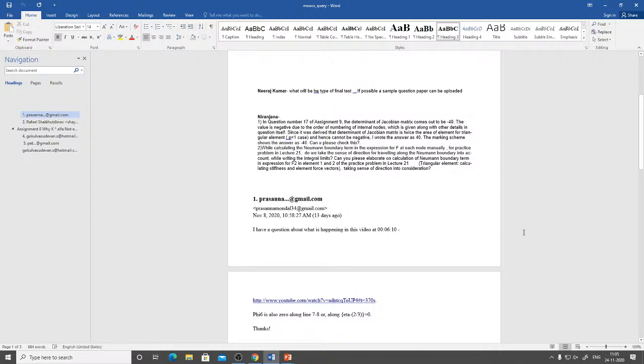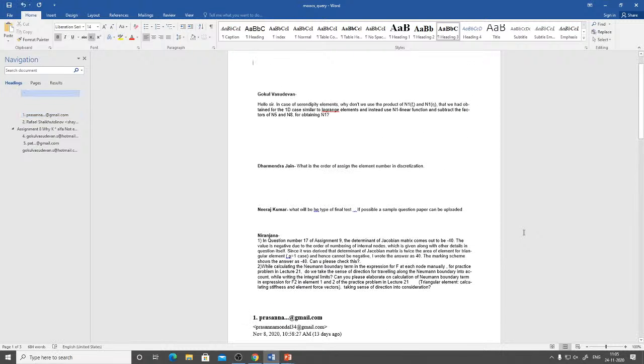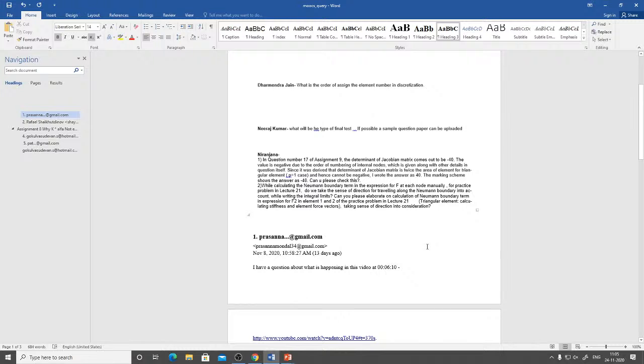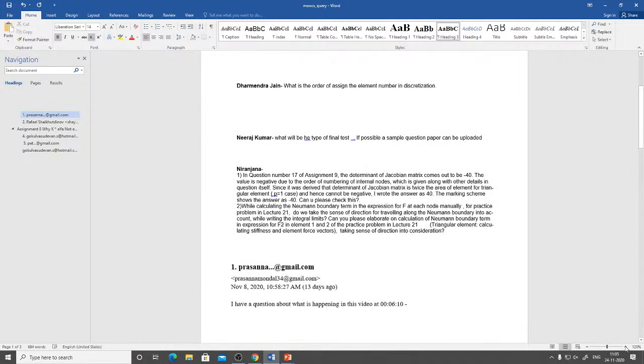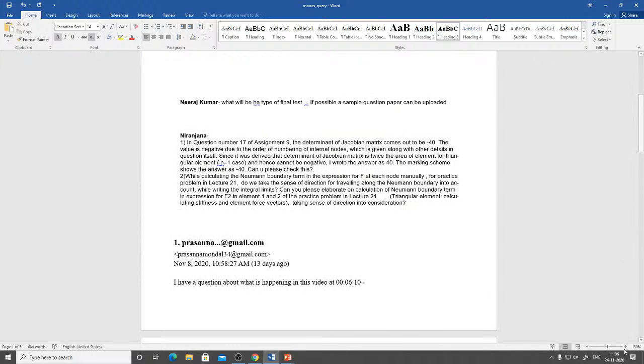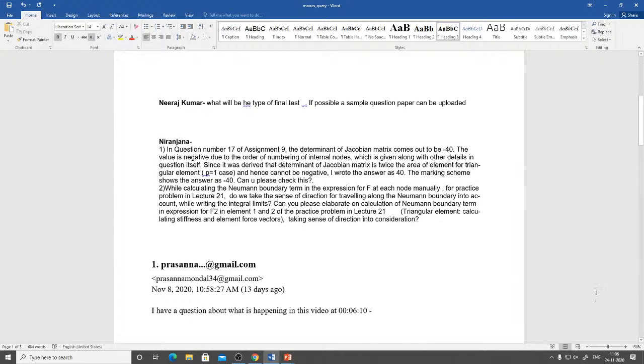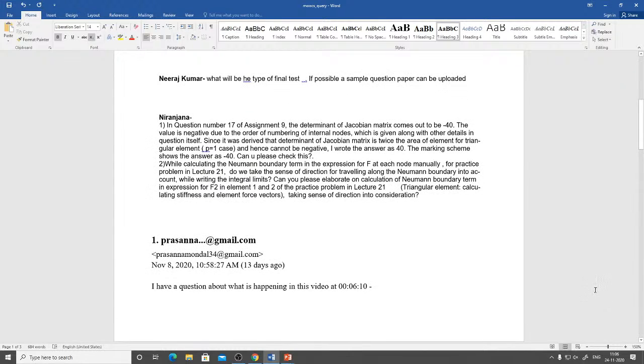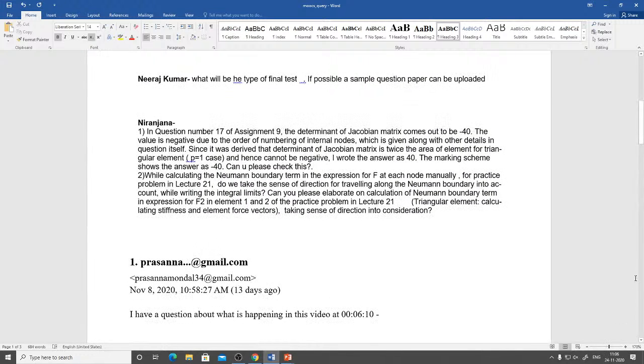In assignment 9, you said that Jacobian has been calculated as negative. If you look at assignment 9, we asked for the Jacobian for that particular mapping, and the mapping has been deliberately done such that the Jacobian will come negative, because in the physical element the numbering has been done clockwise, whereas in the master element it has been done anti-clockwise.